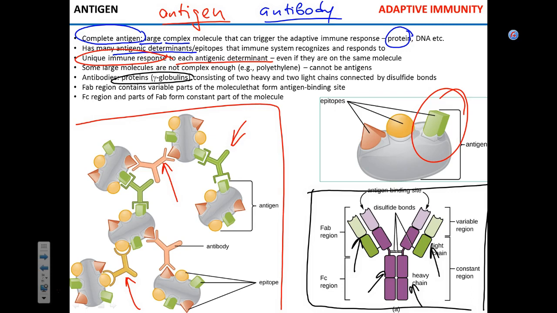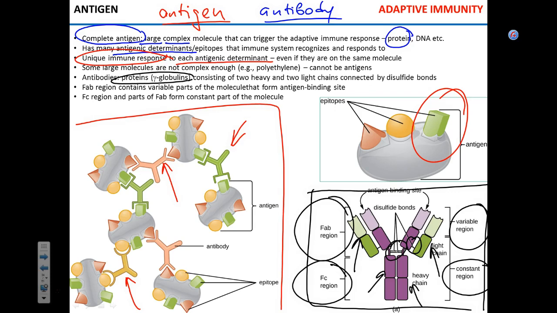These chains are held together by disulfide bonds. And you can see that this molecule has 2 main regions: the FAB region, which is variable, and the FC region, which is constant.